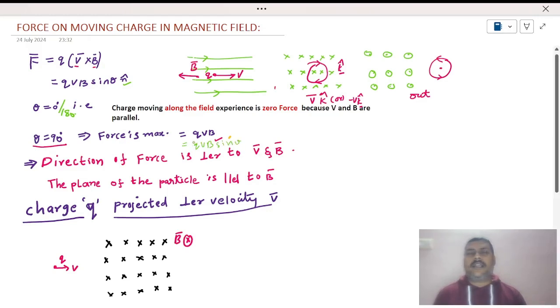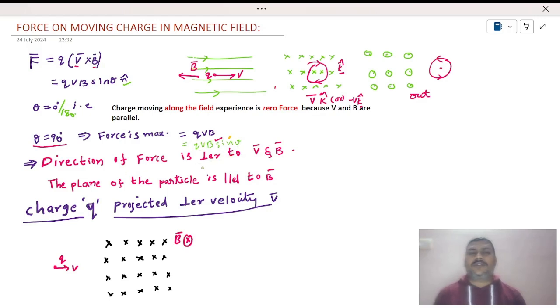And when the particle experiences the force, that decides its path: how it will move, along the field line, and what the path is, parabola, straight line, circle or ellipse. That depends on this formula, QVB sin theta, only.